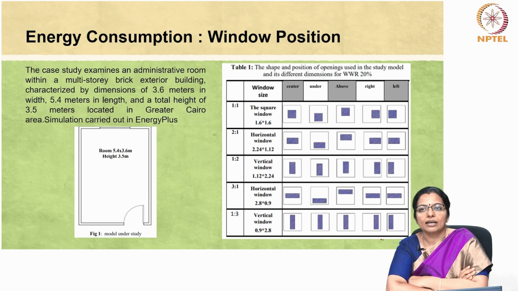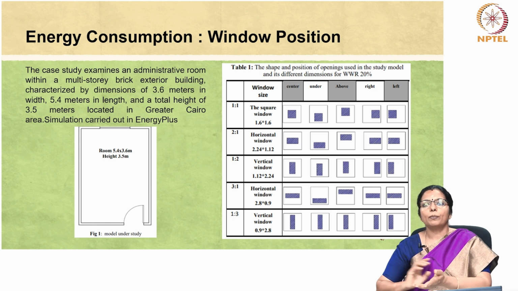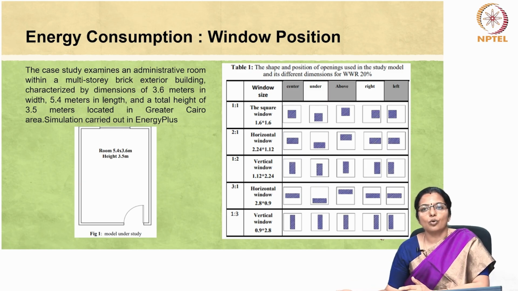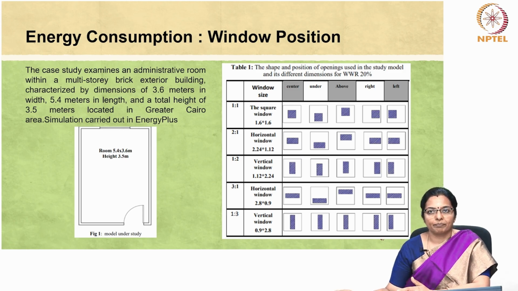Studies indicate that window positions with centers aligned along the vertical wall axis coupled with a window to wall ratio of 10 to 20% yield consistent natural lighting levels. Conversely, openings aligned along the horizontal wall axis tend to offer more uniform lighting and greater efficiency, particularly as the aperture ratio increases.